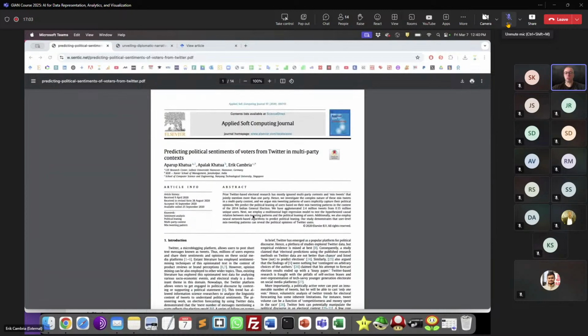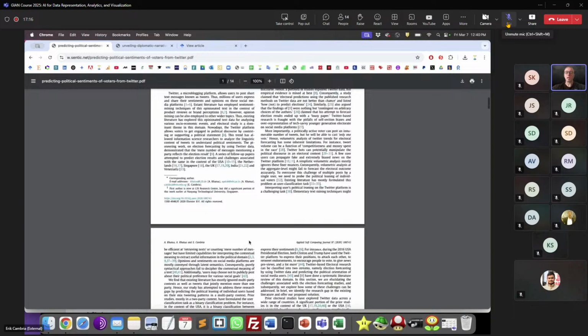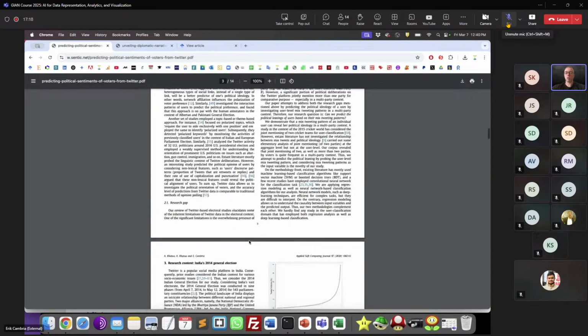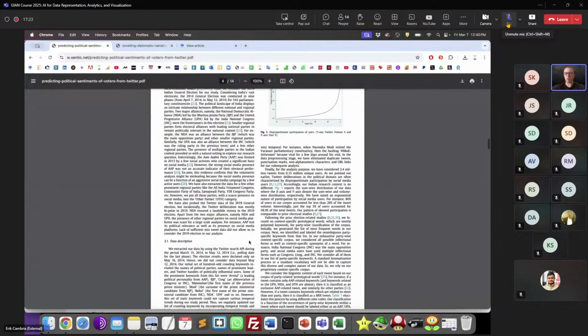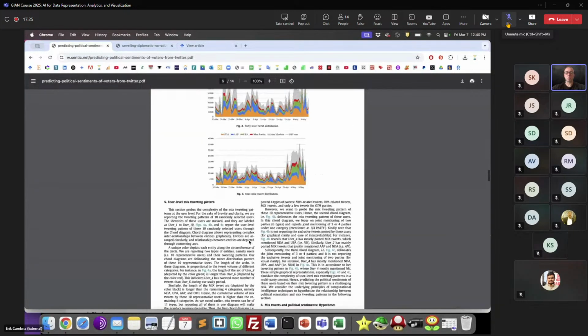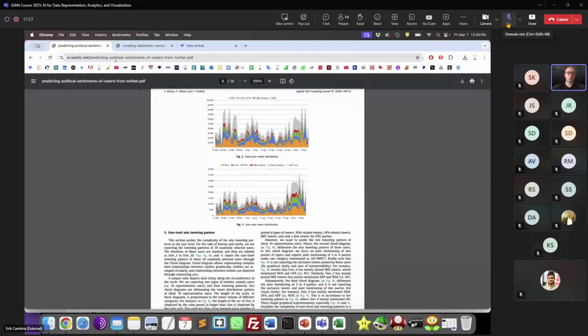But in terms of visualization, there is some interesting work that we have done in the past. Here's one. It was done by two Indian brothers that helped me apply sentiment analysis to Indian politics. So here is a simple application of sentiment analysis to political forecasting. What's nice about this paper, also available at this link, Predicting Political Sentiments of Voters from Twitter, is how we visualize the data.